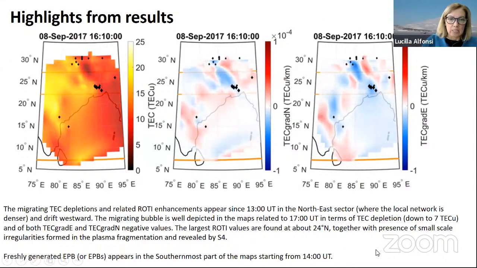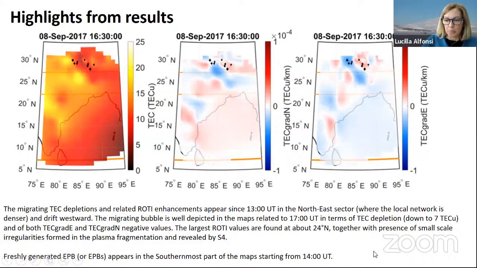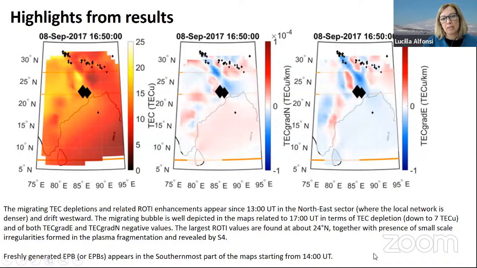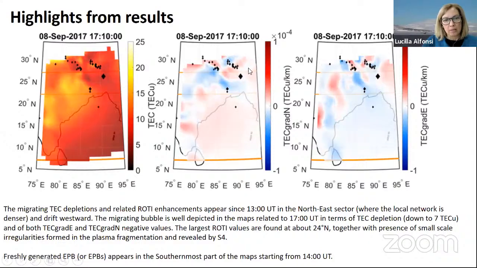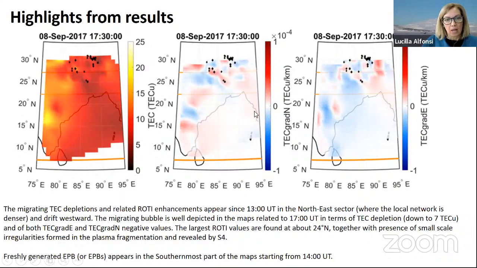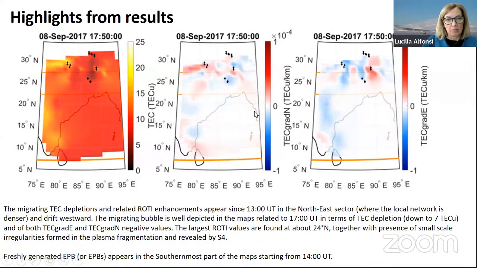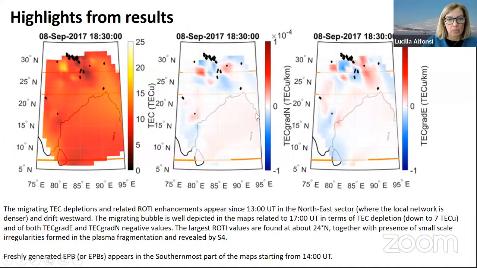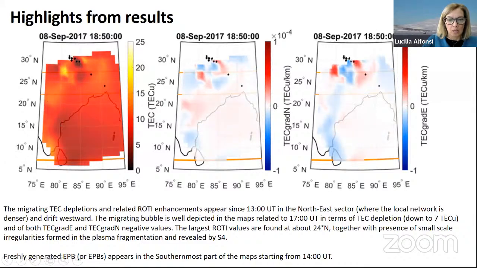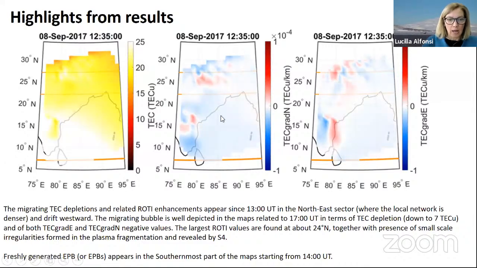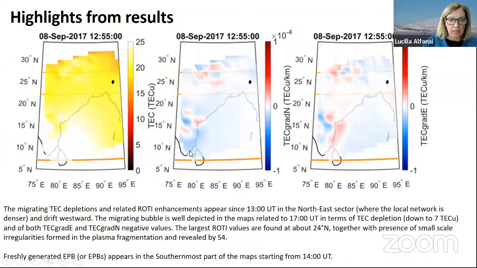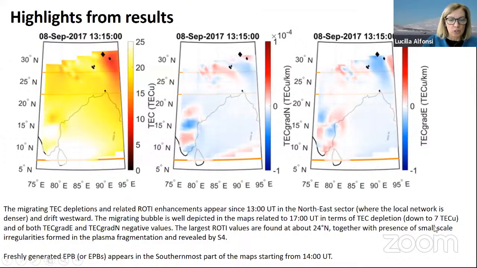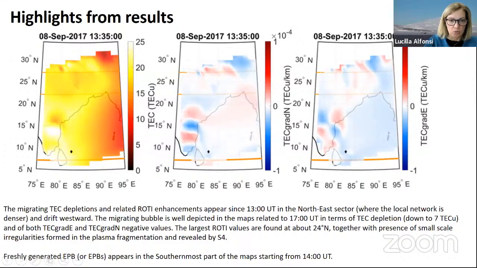With this exercise, we are capable, in our study, to determine that these bubbles are migrating from another zone with a northward propagation, while this one is more related to the freshly generated sources.